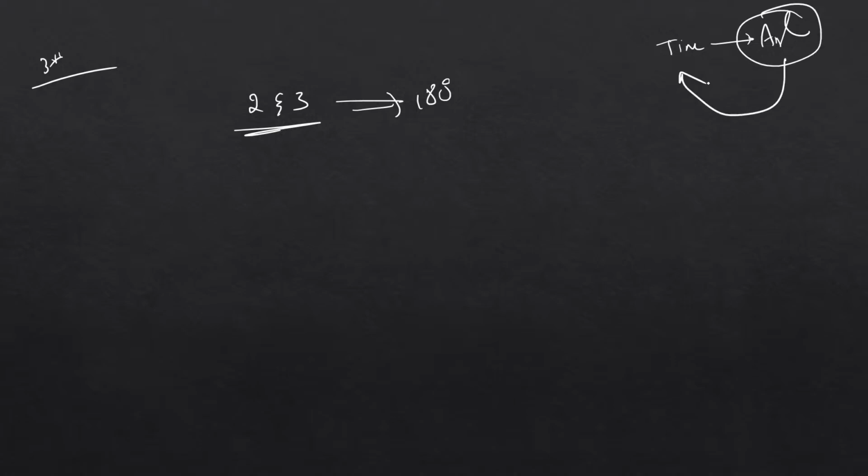So listen, let us take the question like this: at what time between 2 and 3 o'clock you are going to get 180 degrees. Previously he used to mention the time and you are going to find out the exact angle. Now he is telling you the angle, and you need to find out at what time you are going to get that angle.